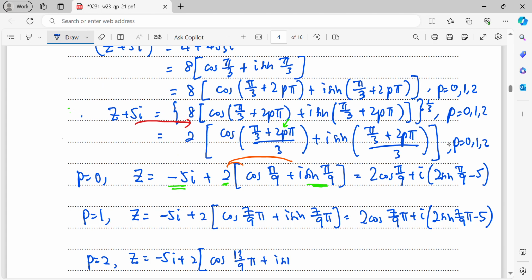Then plus i sine 13 over 9 pi. And now rearrange, you will get 2 cos 13 over 9 pi plus i, then 2 sine 13 over 9 pi followed by minus 5. So that's the solution of this question.